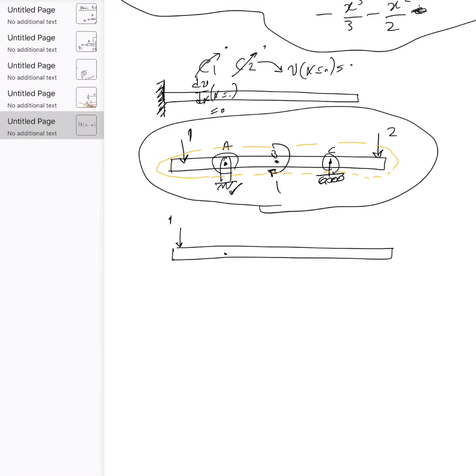You have AX, AY. Well, we can just ignore AX because there is nothing in the X direction. Right here, a 1 Newton meter couple, CY, and 2 right here.